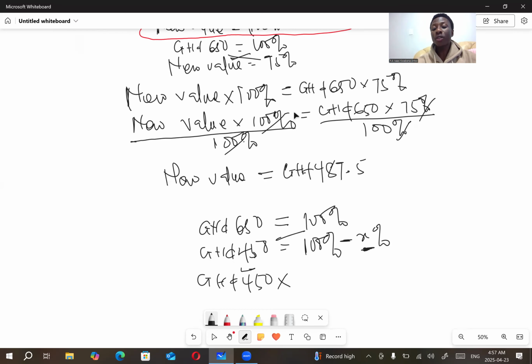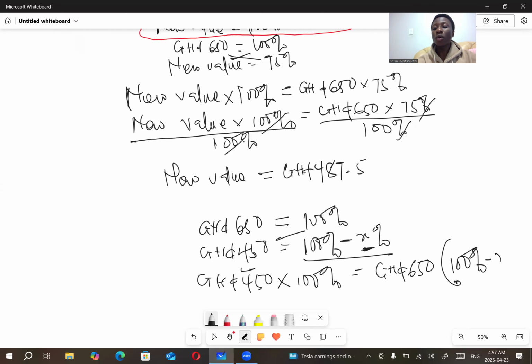The depreciation rate is always in percent. So 450 times 100 percent. Cross multiply equals, here you have to be very careful. It will be equal to 650, multiplying this whole group. Don't forget. So multiplying 100% minus X percent.